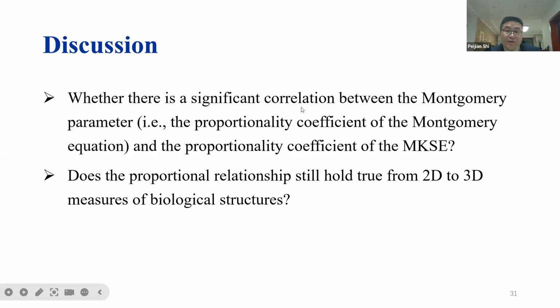Whether there is a relationship. Does the proportional relationship still hold true from 2-dimension to 3-dimension measures of biological structures?